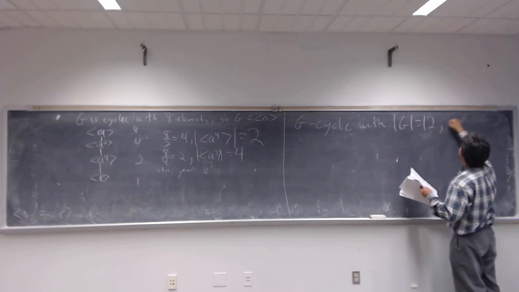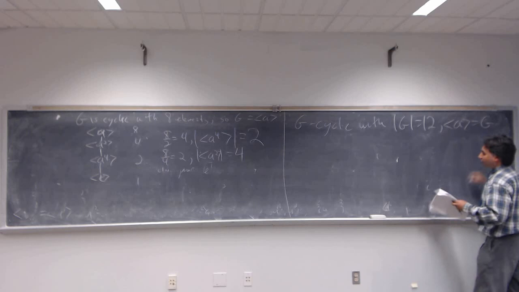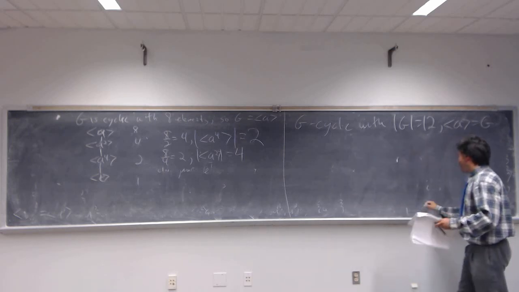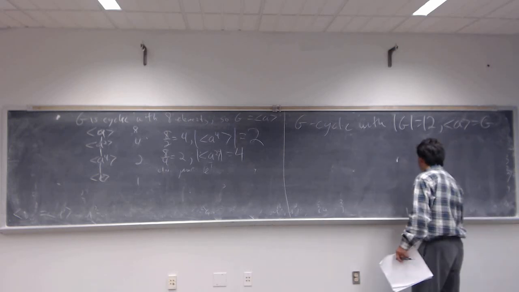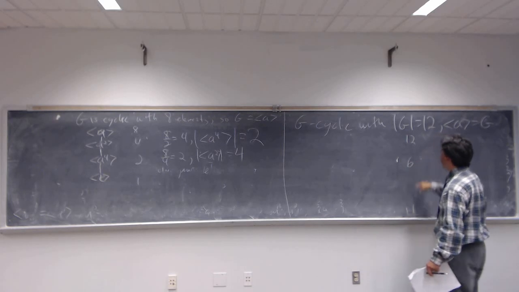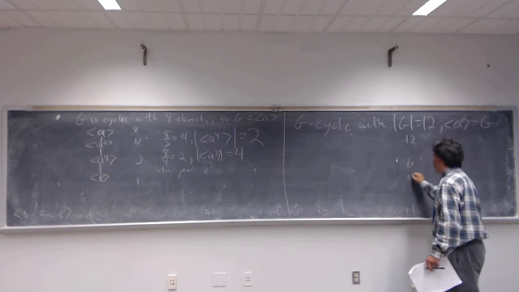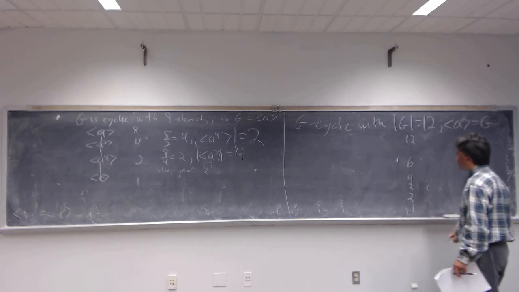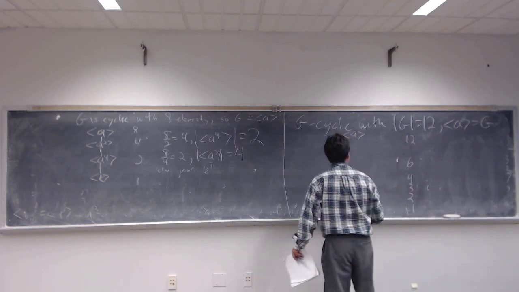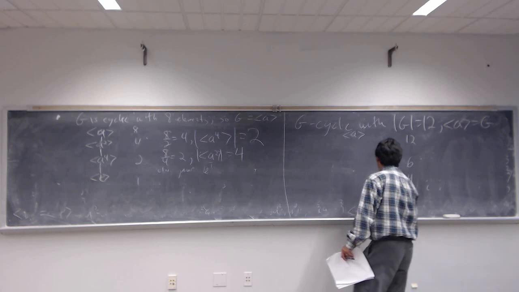So if it's cyclic, it's got to have a generator. So we have some divisors. Down here we have 1, and up here is 12. What divides 12? 6, 4, 3, and 2. So way at the top we have our 12 element, and down at the bottom we have the identity.